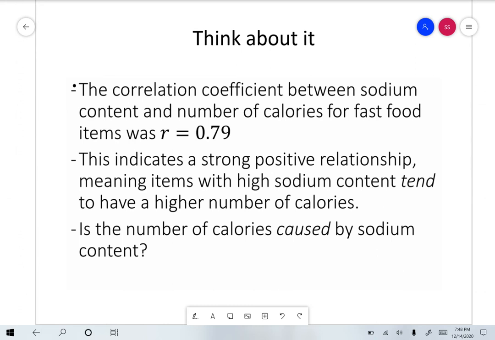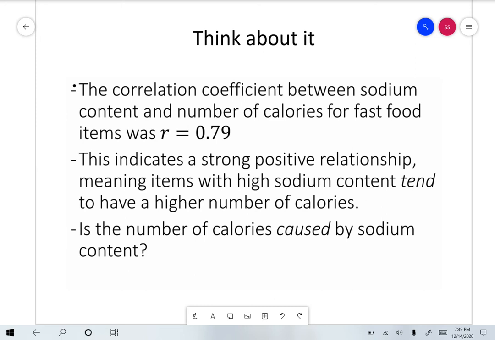There's one more thing I want to review real quick, and then I'm going to go over one more huge concept. So please stay with me through this because it's huge, and then I'll show you some hilarious pictures, and then we're done. Okay, so think about this. The correlation coefficient between sodium content and the number of calories for fast food had an R of 0.79.